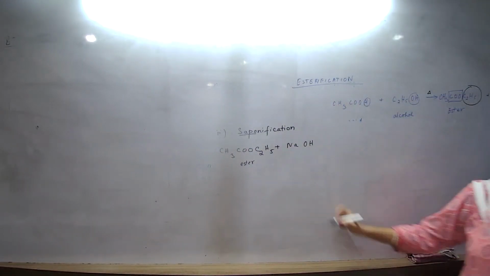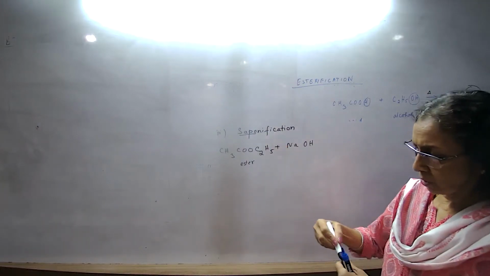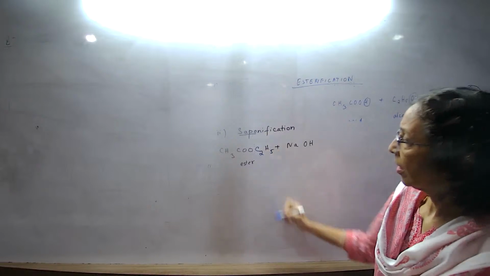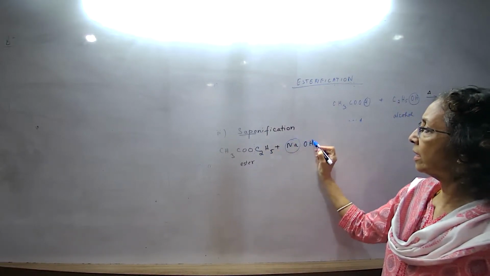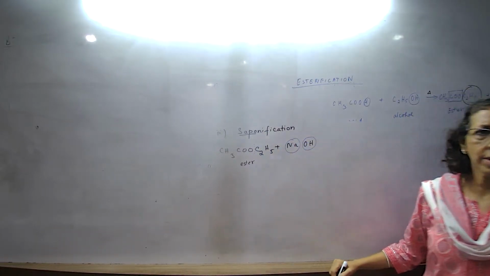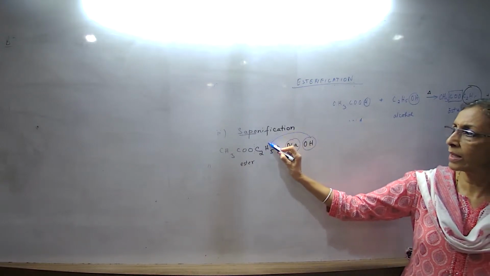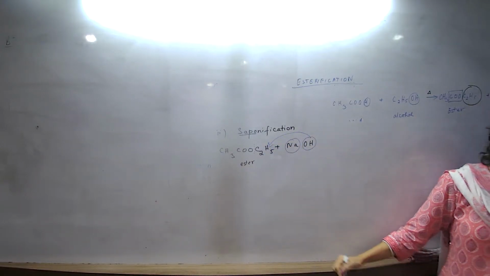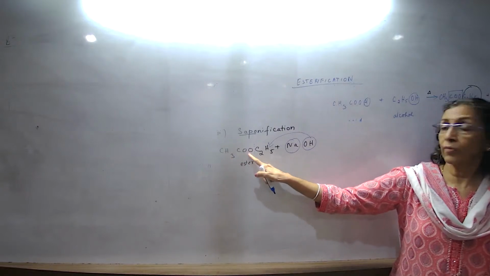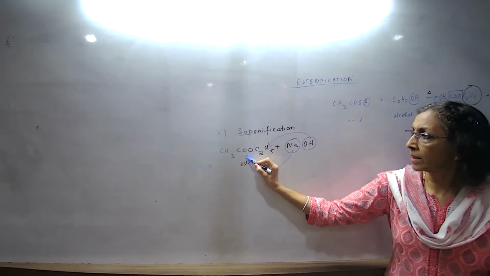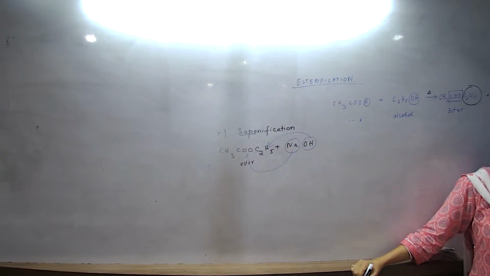So what is going to happen here? This part of it will get broken up. C2H5, you have an Na here and you have got an OH. So the C2H5OH will come here. CH3CO, which is the acid part of it, the Na part will come here. Correct?